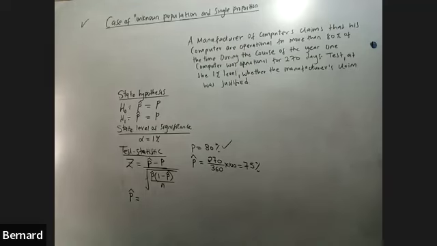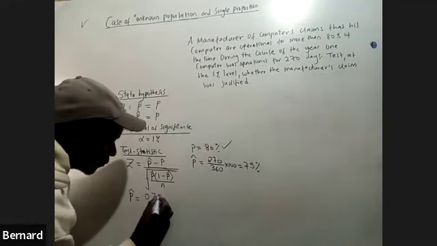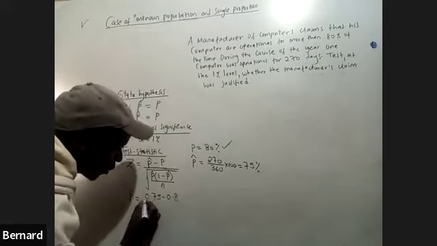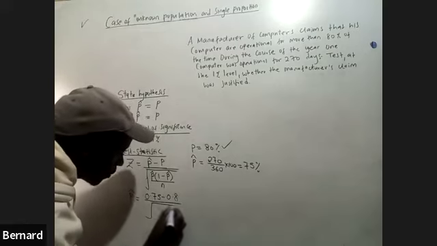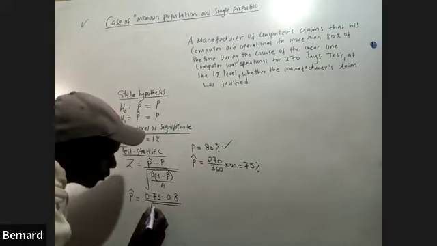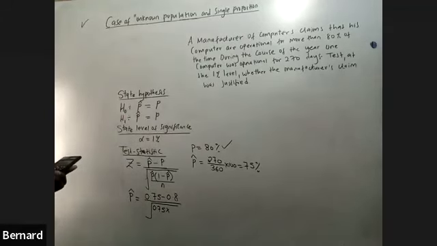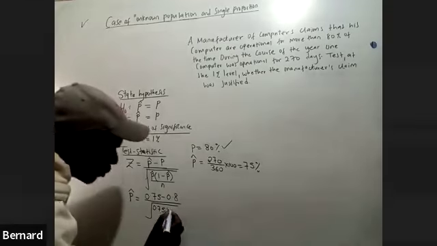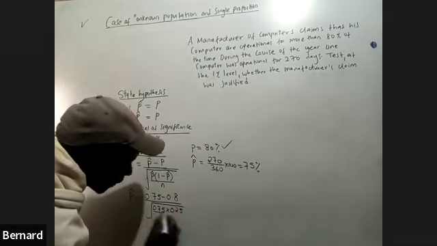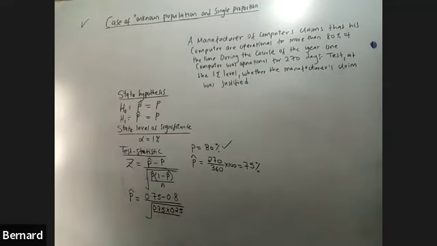So we have our P and the other P. So we shall say 0.75 minus 0.8 over the square root of P, which is 0.75, times 1 minus 0.75, which is 0.25, over the sample.